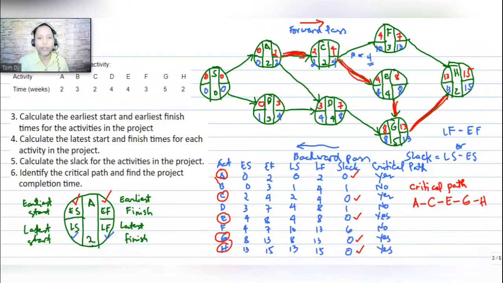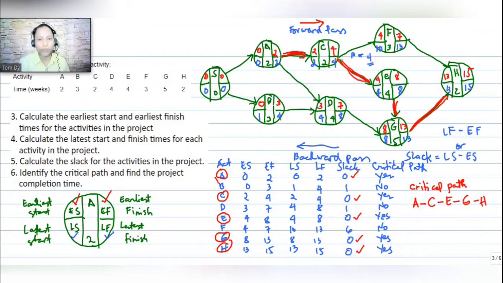For example, A, C to F to H. So we have only 3 arrows, 1, 2, 3. And then another one from A, we have here A to D, 1, D to G, 2, and then G to H, 3. Okay, take note of the arrow direction. So we only have 3 arrows connecting from A to H.